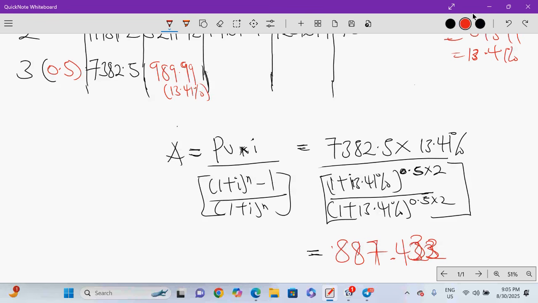Something like this is not easy. You can easily get it wrong. Even professionals, you can get this thing wrong. So let me punch it myself. Where's my calculator? 989.